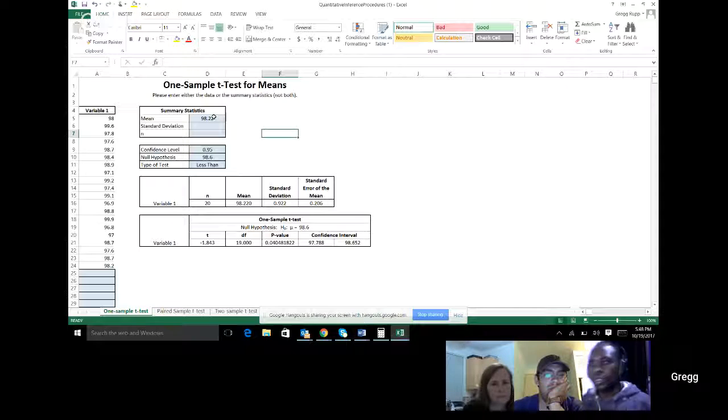Okay, the t-score, however, changes. The t-score then is negative 1.843, which sounds much more accurate, because that actually fits into the applet, right? Right.